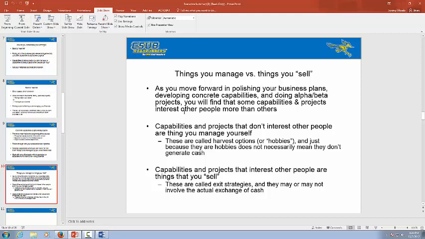But that situation, being able to exit from the business successfully, first of all, doesn't necessarily involve the exchange of cash.